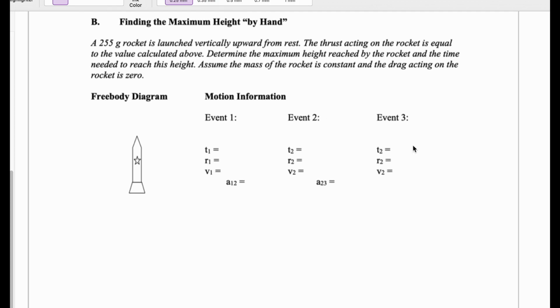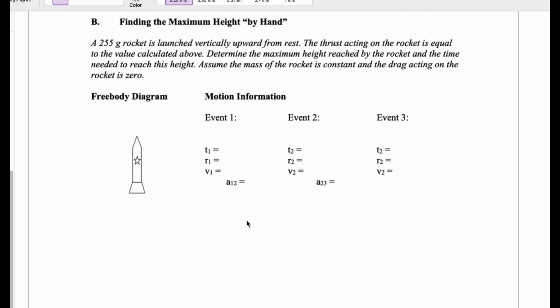Now it says find the maximum height by hand. So it says we got the 255-gram rocket. It's launched vertically upward from rest. The thrust acting on the rocket is, we're going to pretend, equal to just the 11.4 newtons.